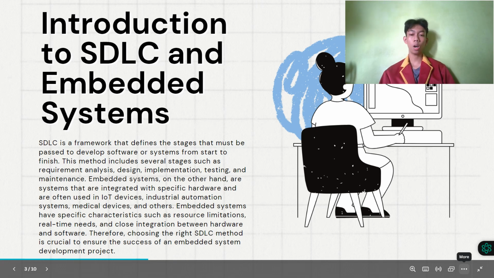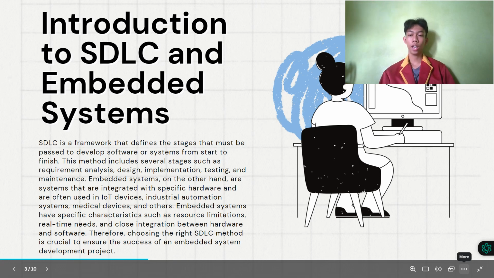Embedded systems, on the other hand, are systems that are integrated with specific hardware and are often used in IoT devices, industrial automation systems, medical devices, and others.